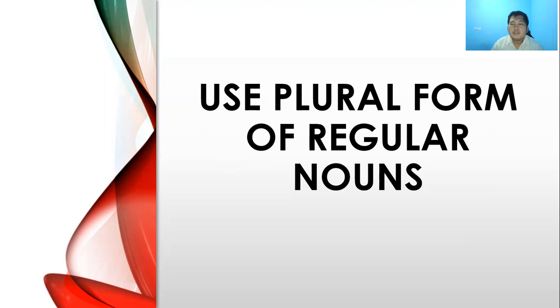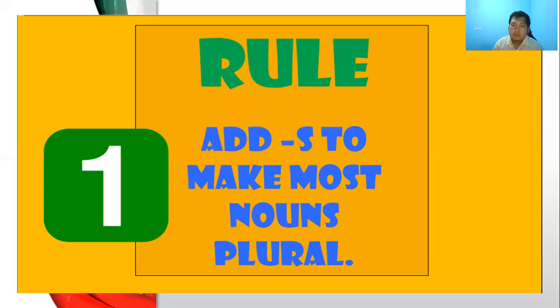When we say plural form, the noun is more than one. That means they are many. Okay? So we have rules to follow in using plural form in regular nouns.